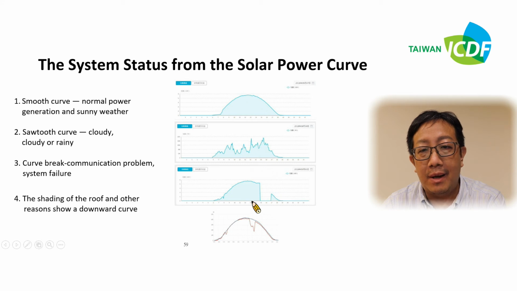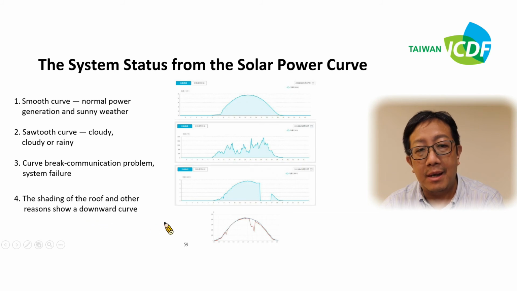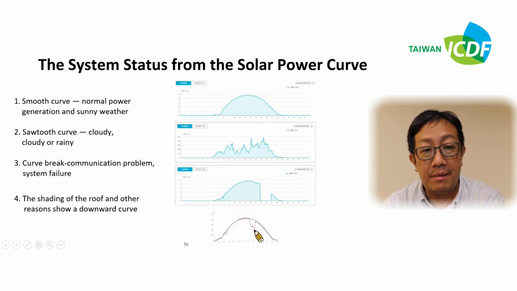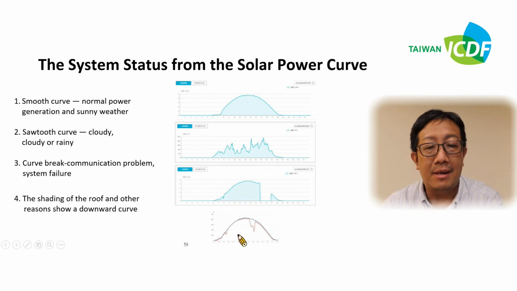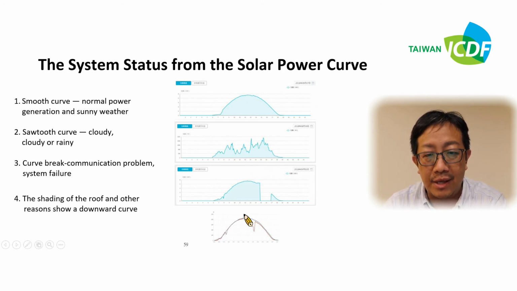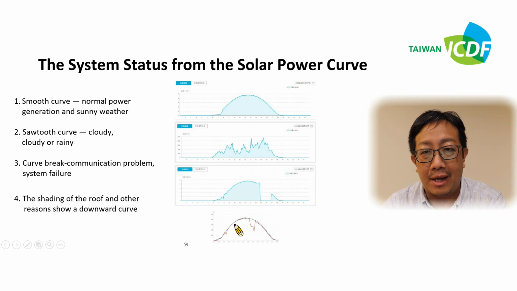And this one, well, that's a very, very big break here. The curve break means a communication problem or a system failure is happening. And on the very last one, because of shading of the roof or another reason, there is a downward curve. So there might be trees or clouds coming up. Things will happen and be observed like this.